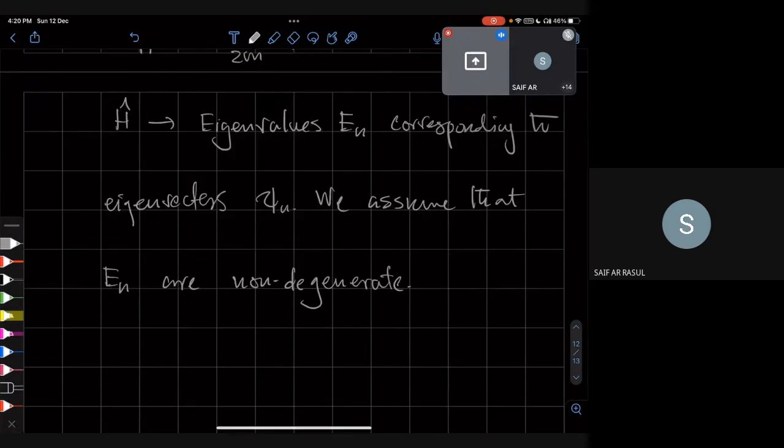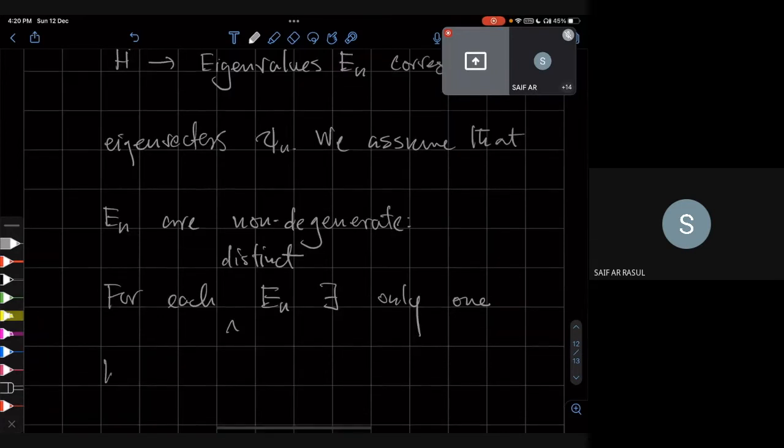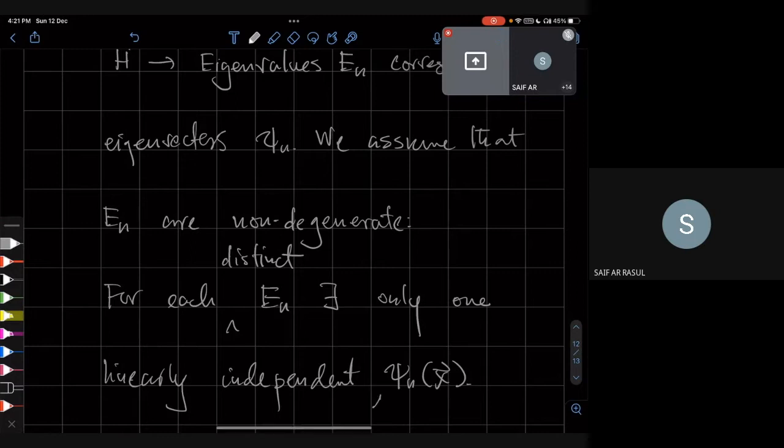What does this mean? This means that for each distinct En, there exists only one linearly independent eigenfunction psi n of x.